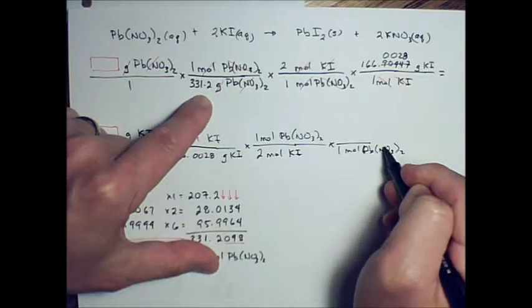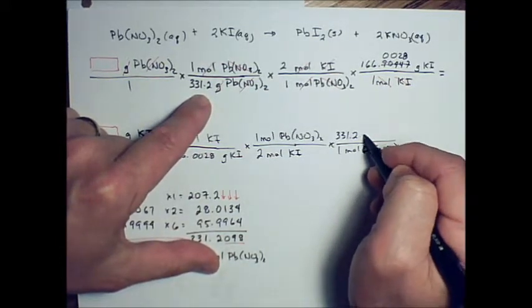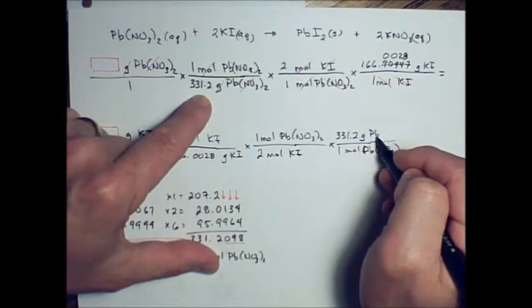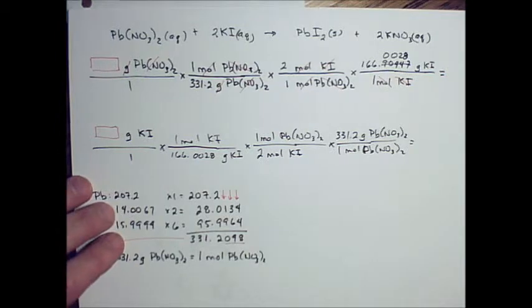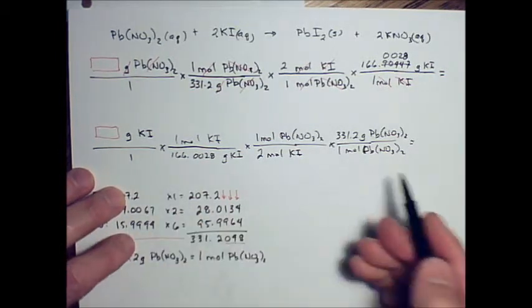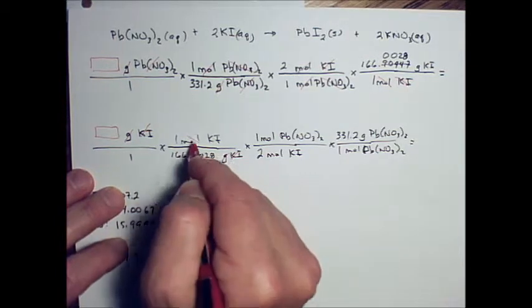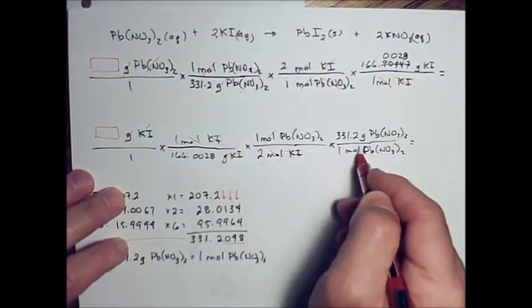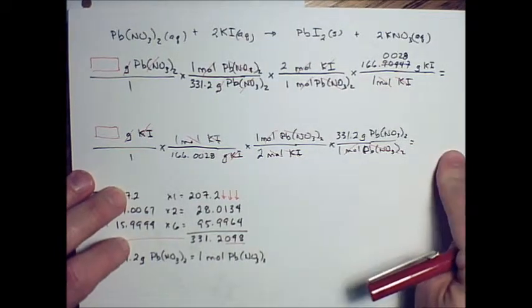Is this still the math for the limiting reactant calculation? Yes, this is in case somebody started with potassium iodide instead of lead nitrate. So the math is just set up like this. All the units and species get canceled, and you end up with a mass of lead nitrate.